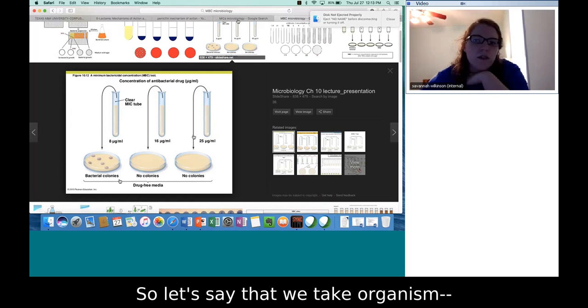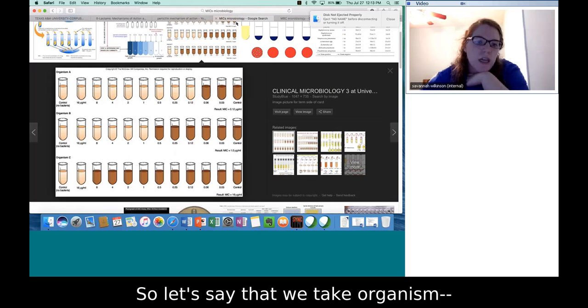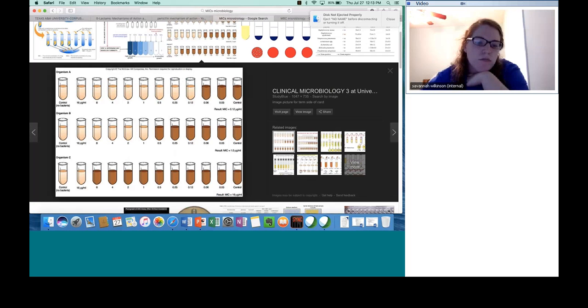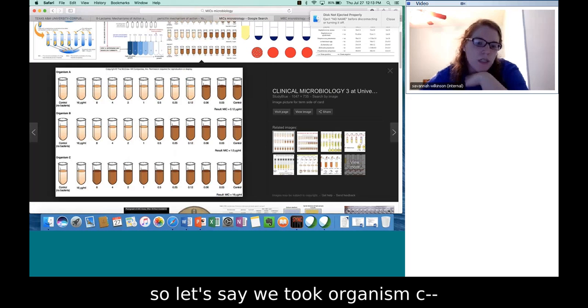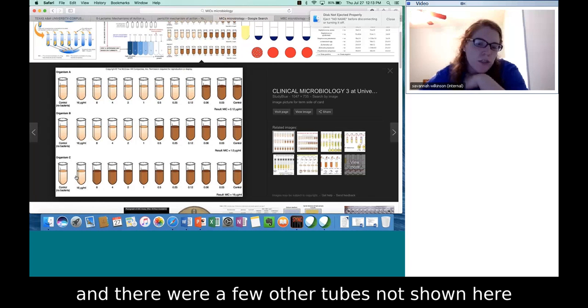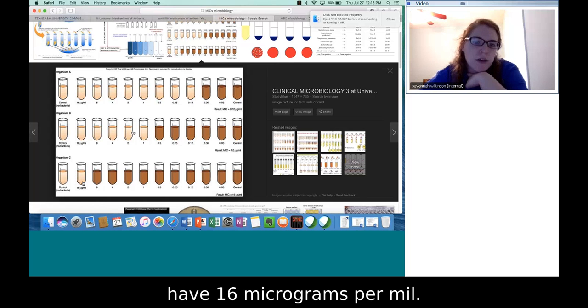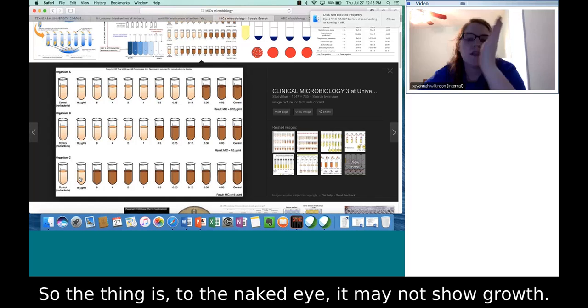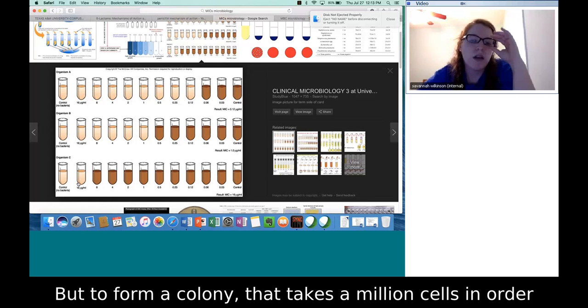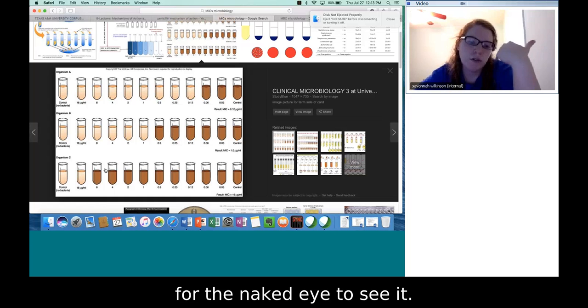Okay, so let's say we took organism C, and there were a few other tubes not shown here that had like 8 micrograms per mil, and we had 16 micrograms per mil. See, the thing is, to the naked eye, it may not show growth, but to form a colony, that takes a million cells, right? In order for the naked eye to see it.